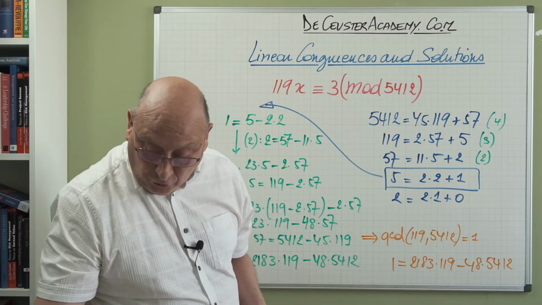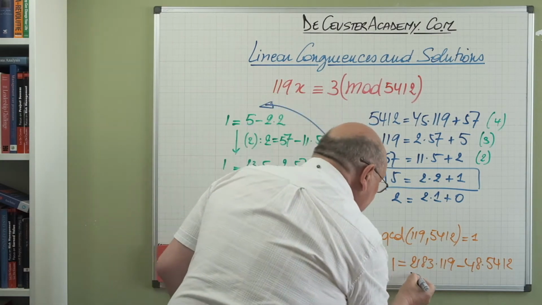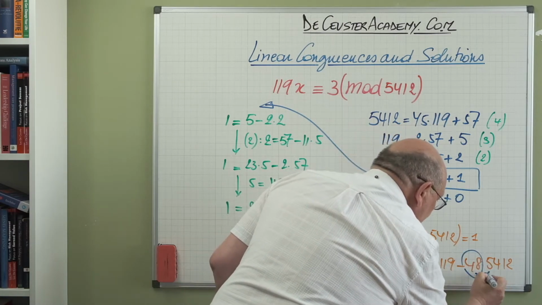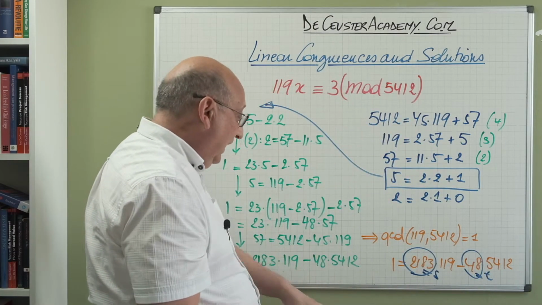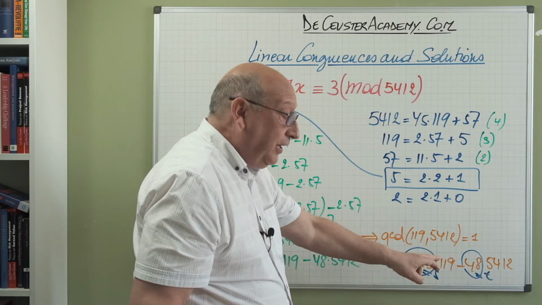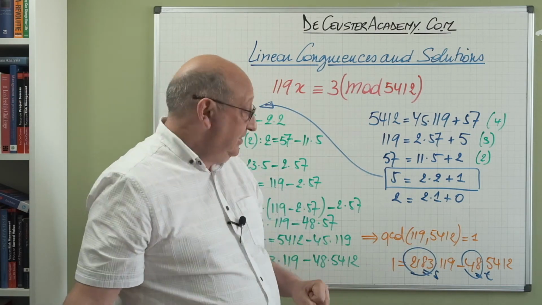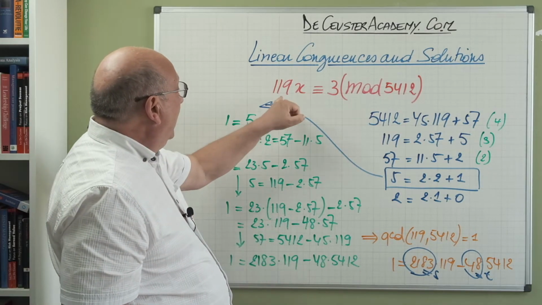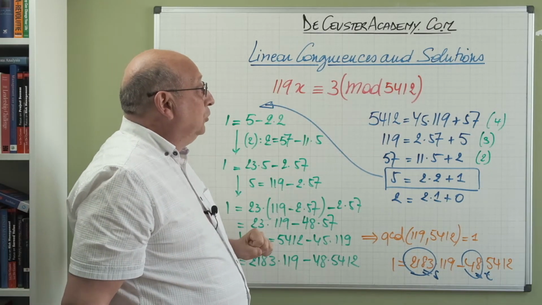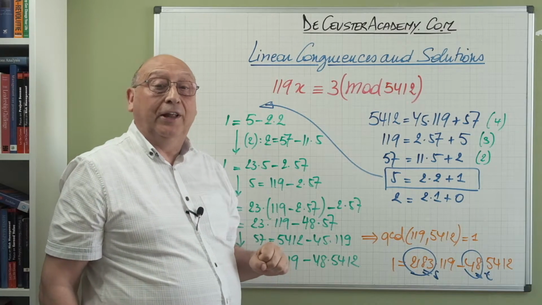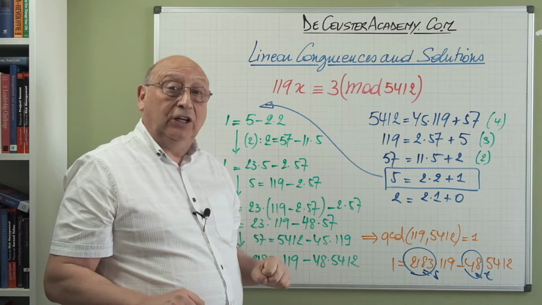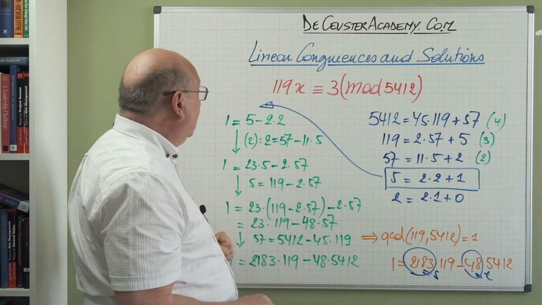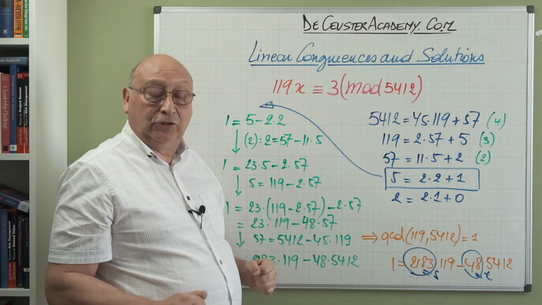When we look at the coefficients, this is S and this is T, which means that 2183 is the modular inverse of 119 modulus 5412. We will continue with that to find the final solution of this linear congruence.